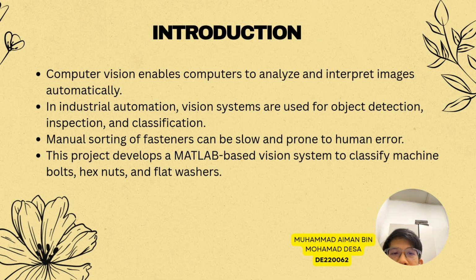For the next part is the introduction. Computer vision is a technology that enables computers to analyze and understand images automatically. In modern industry, computer vision systems are widely used for quality inspection, object detection, and automated sorting processes.